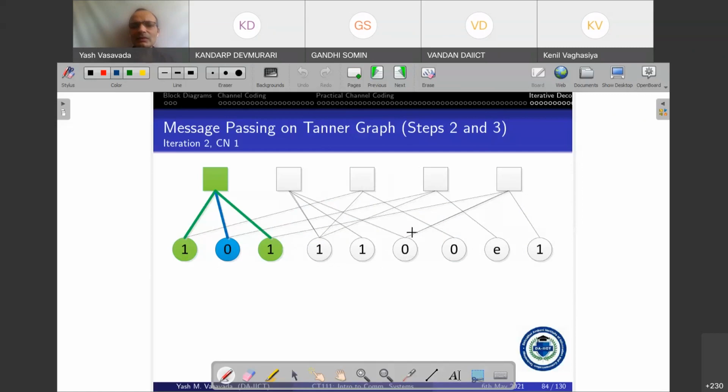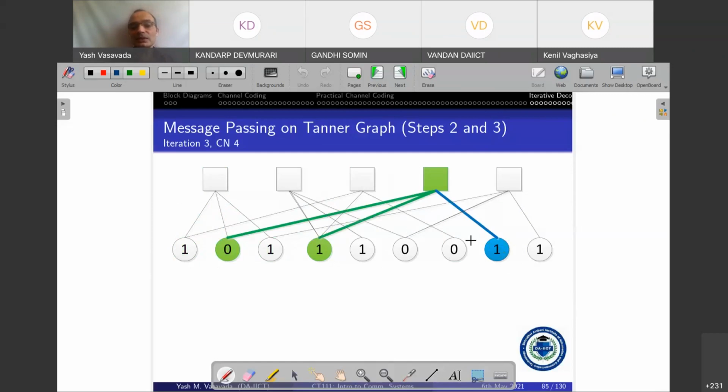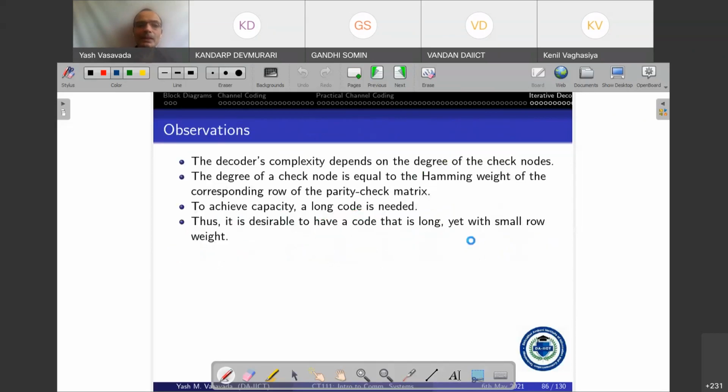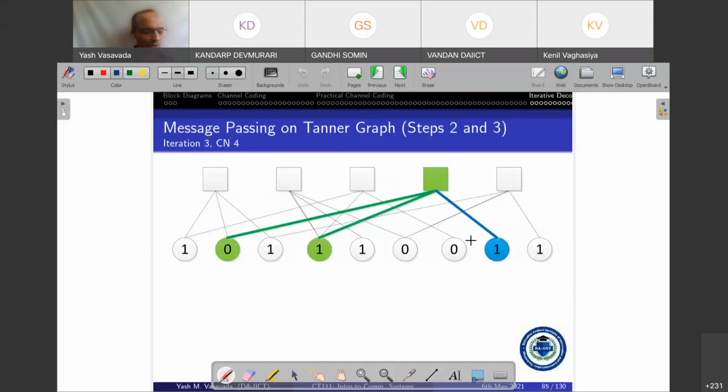But when it goes to CN4, that CN is going to be able to unerase the last bit that was still erased. Okay, so that is in a nutshell the iterative algorithm.